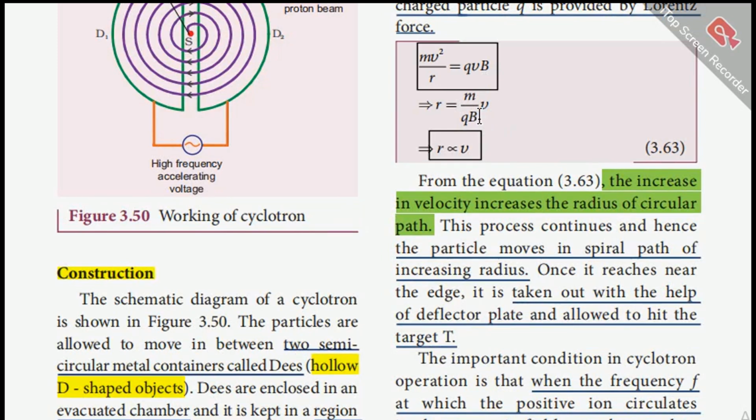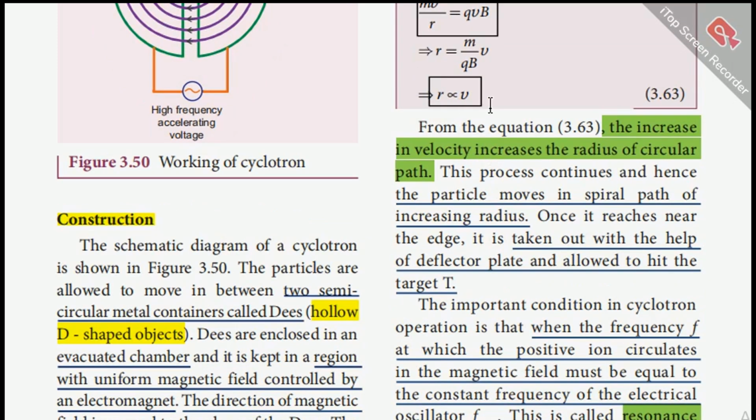As q and B are constant, and m is also a constant, r will be directly proportional to the velocity. Therefore, from this equation, we find that the increase in velocity increases the radius of the circular path. And this process will continue, and hence the particle moves in a spiral path of increasing radius.